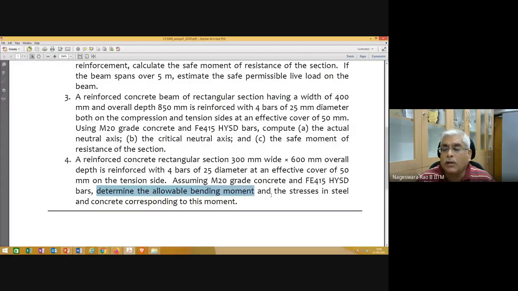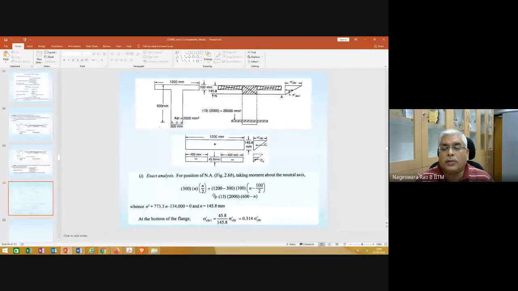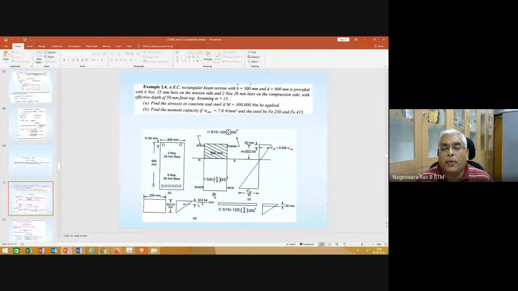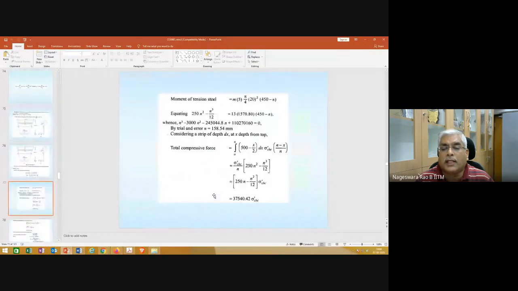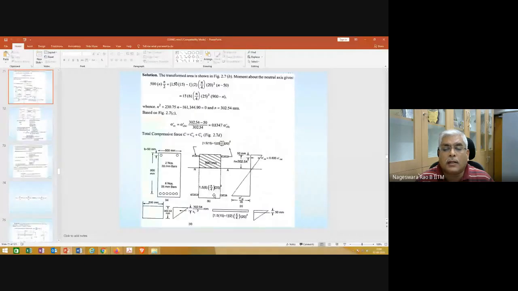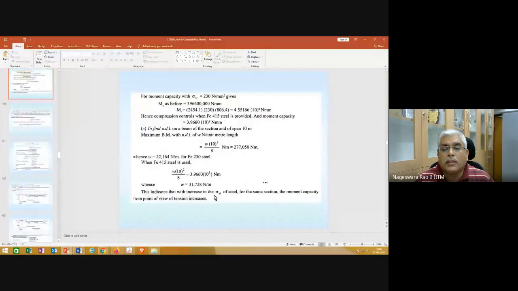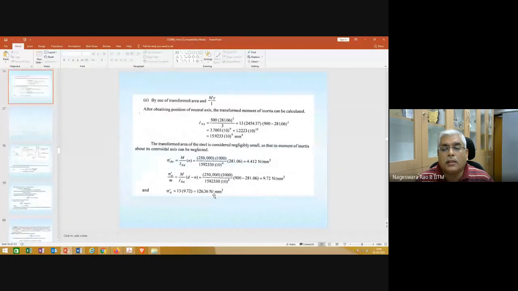Or if steel reaches permissible limit first, you find the stress in the concrete when steel reaches permissible limit. That's why I told you yesterday, this equation, whatever equation I pointed out to you, is very, very important. Let me show you once again that equation. This one.